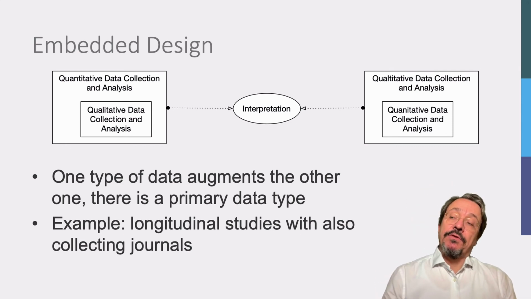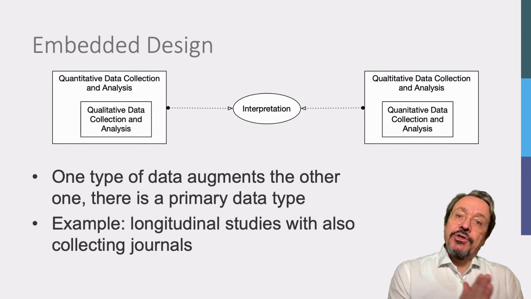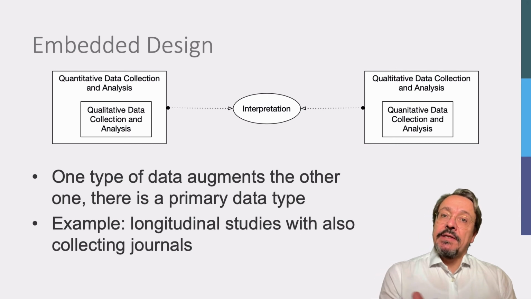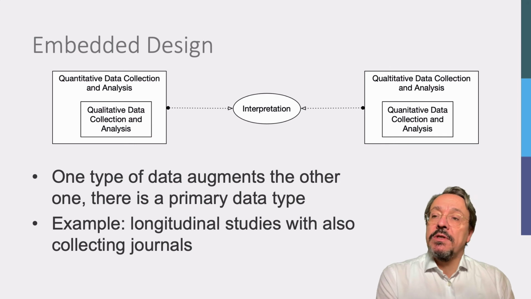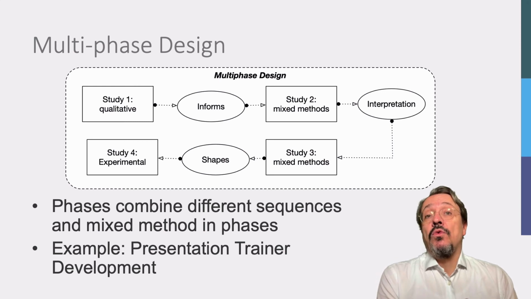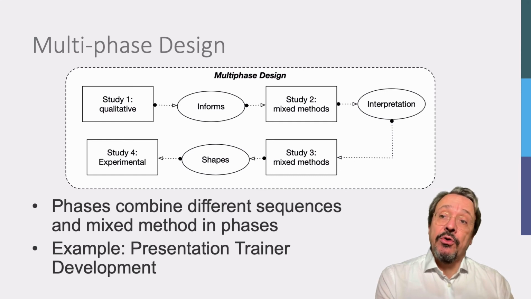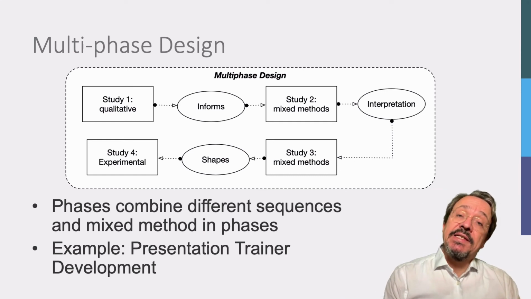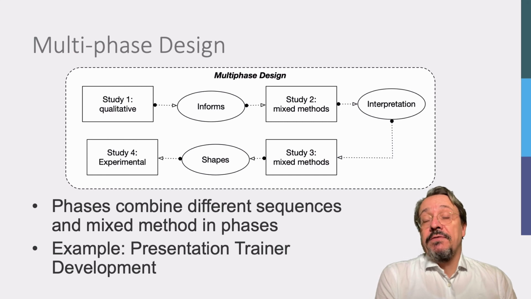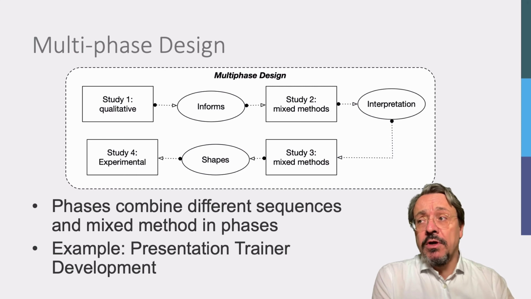So the difference between the embedded design and the sequential designs you have seen before is that the data is collected at the same time, and you have to think about the consequences of this. And then of course, in all these contexts, if you do longer term projects, I would say most multi-year projects have a kind of multi-phase design, where you use different evaluation methods in different phases of the development of a product or of an artifact.